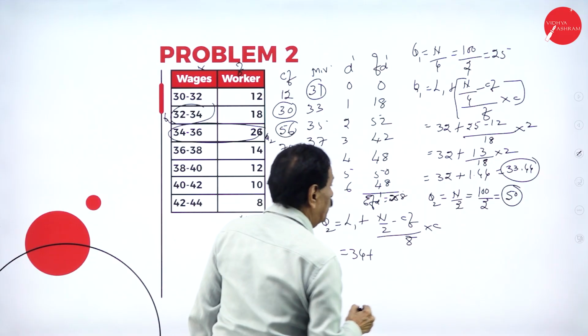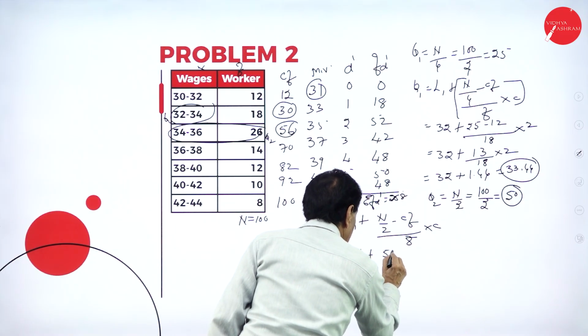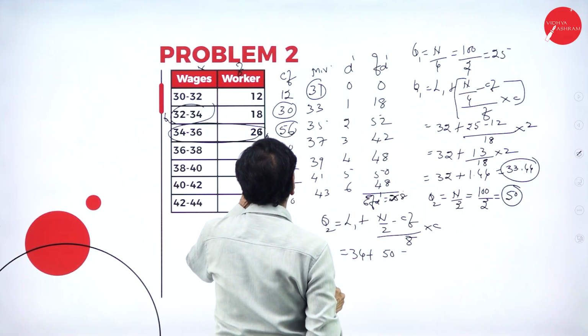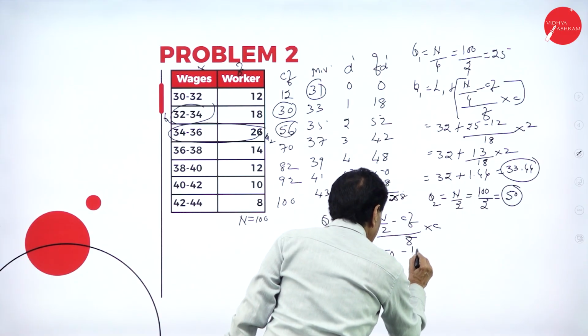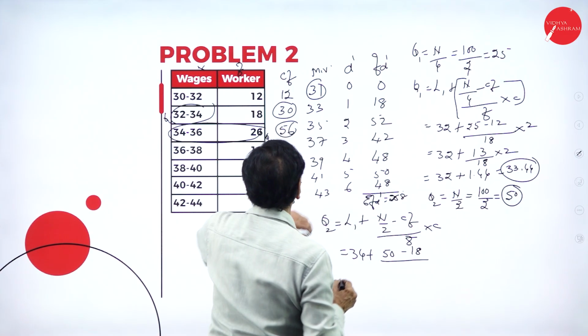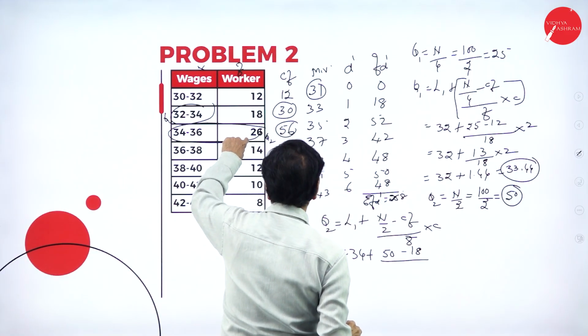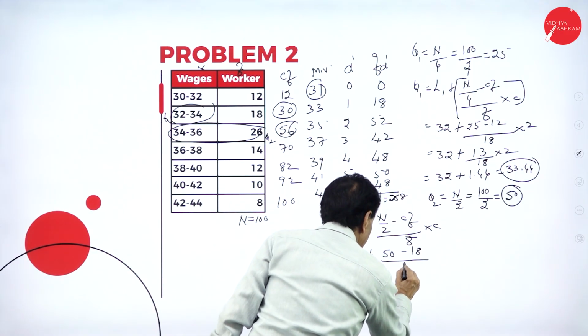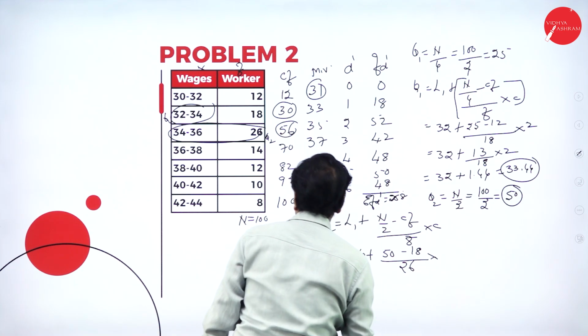What is your n by 2? 50. Minus CF, the number behind is 30, divided by frequency 26, class interval is 2.